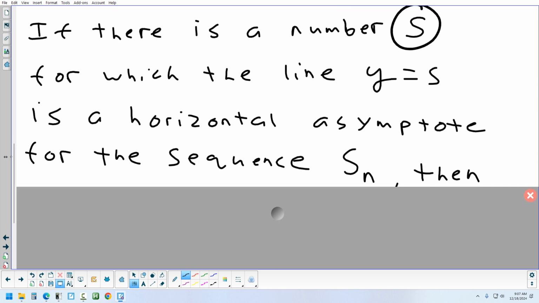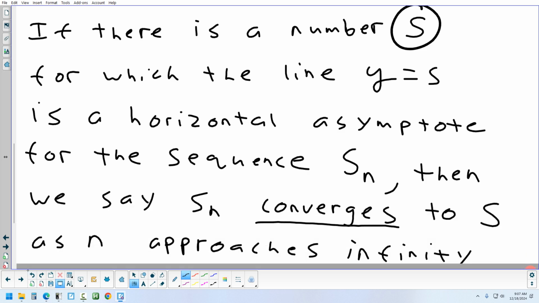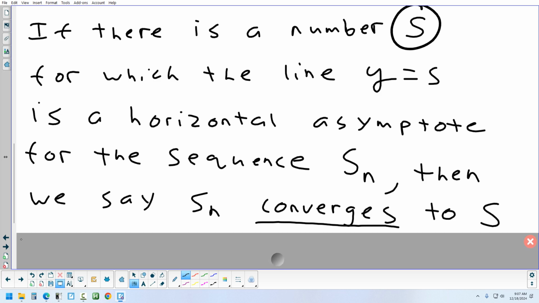And the word that we use to describe that, getting close to a number but never reaching it, is converges. Converges means you get closer and closer to a number, but you're never reaching it.